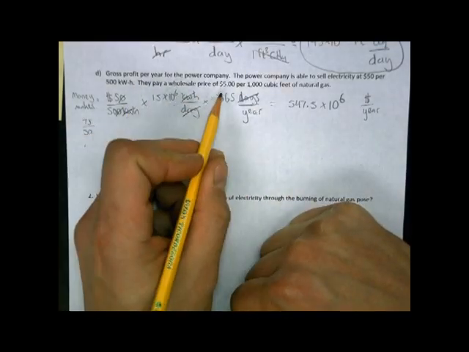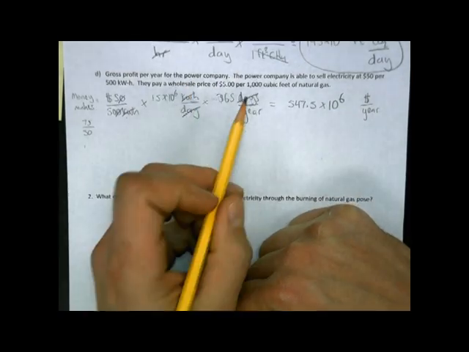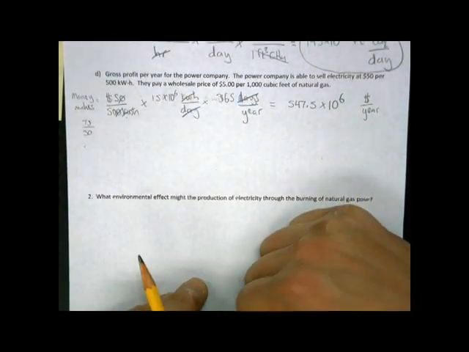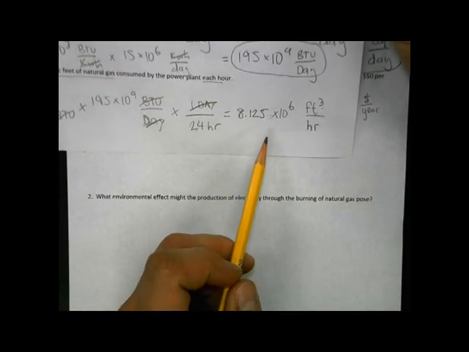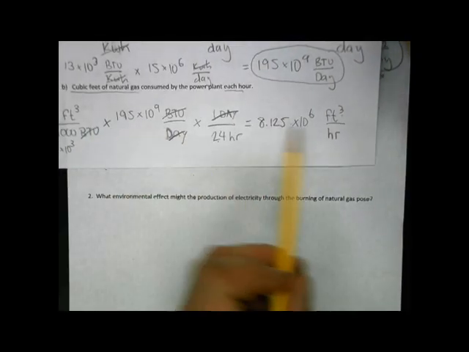So they tell us that they pay a wholesale price of $5 per 1,000 cubic feet of natural gas. So the next thing we need to know is how much natural gas do they use? So we can go back, and there's our number with how much natural gas, this is at the end of B, per hour, so we can start there. 8.125 times 10 to the 6th cubic feet per hour.